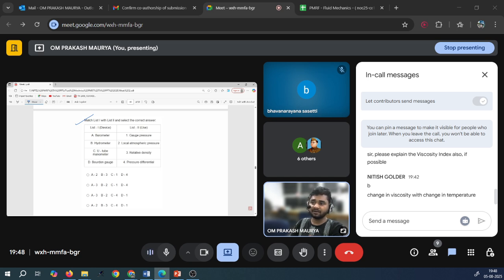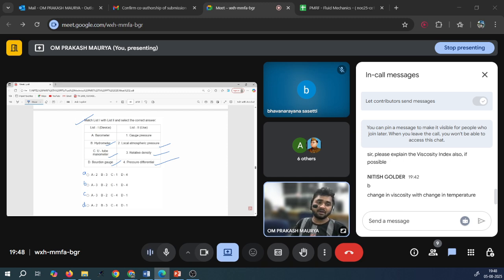Barometer, gauge pressure; hydrometer, local atmospheric pressure; U-tube manometer, relative density; and the Bourdon gauge, pressure difference. Which option is correct, A, B, C, D? Let me write here small a, small b, small c and small d, as capital A is already used.